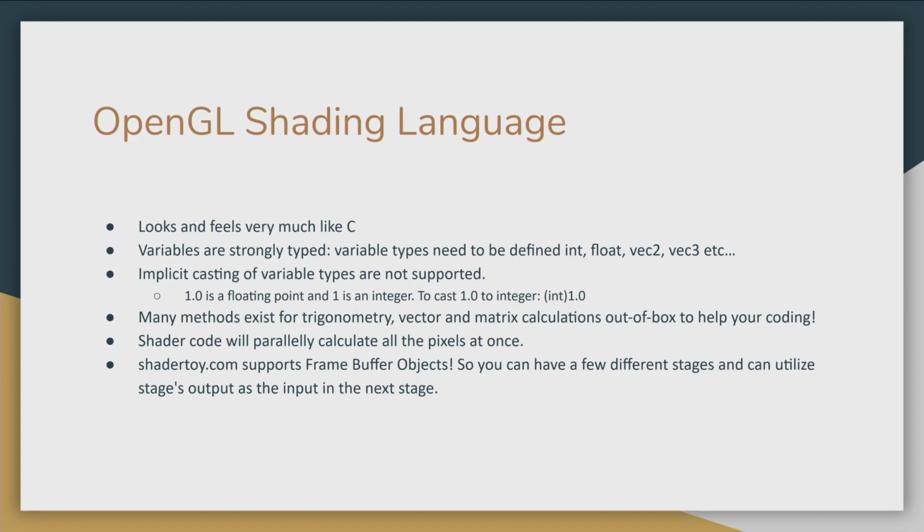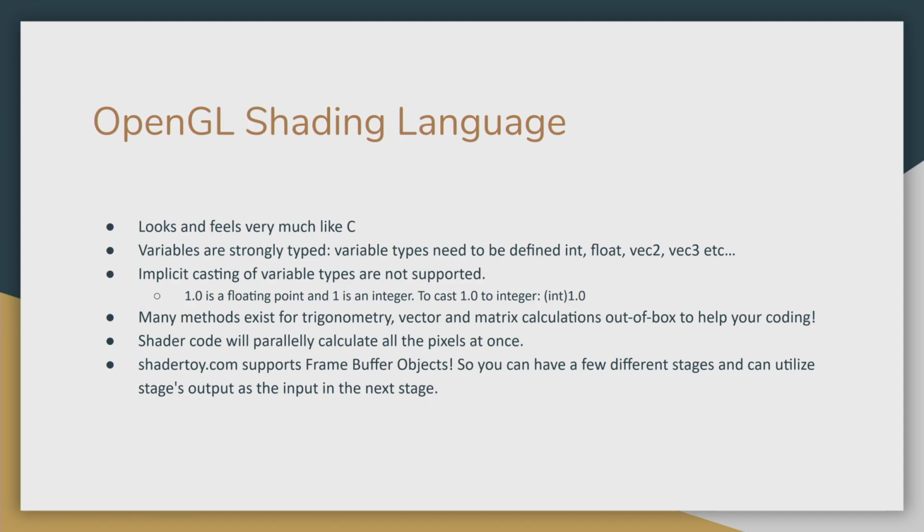So, for instance, integer 1 is not the same thing as decimal number 1.0. Those are different types. But luckily there are not that many types, and you will quite quickly grasp this anyway, so don't worry about that.